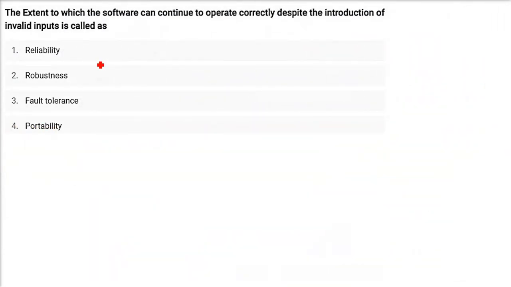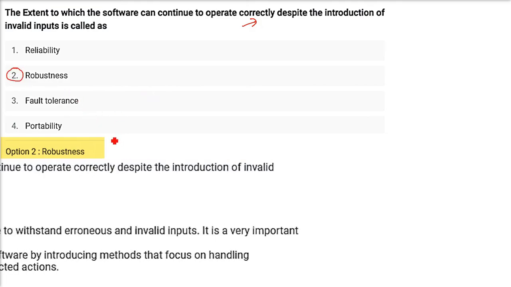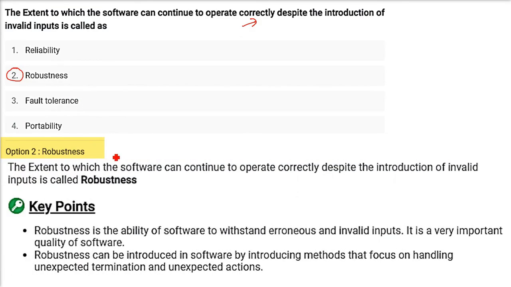The extent to which the software can continue to operate correctly despite the introduction of invalid inputs is called as? Is it robustness? See, you are trying to give invalid inputs. You are trying to break the software, but still the software is not breaking, and that is called robustness.